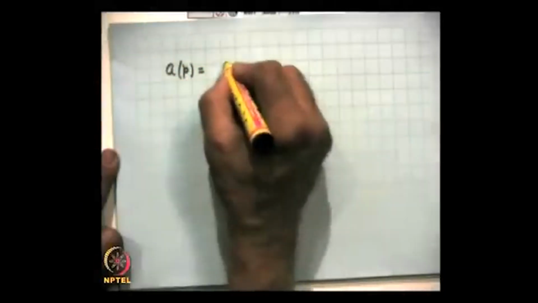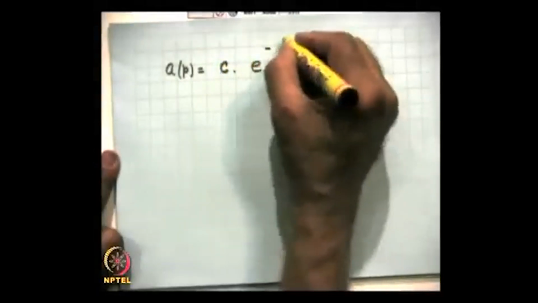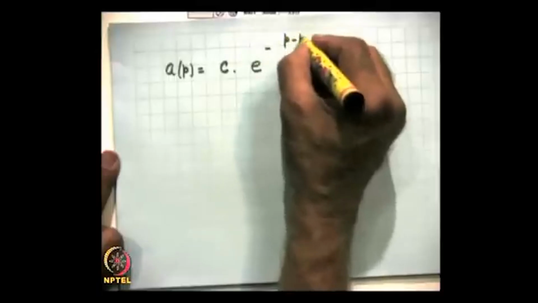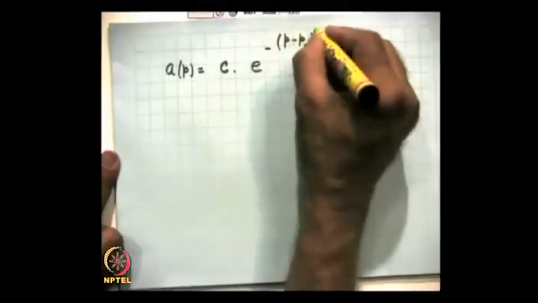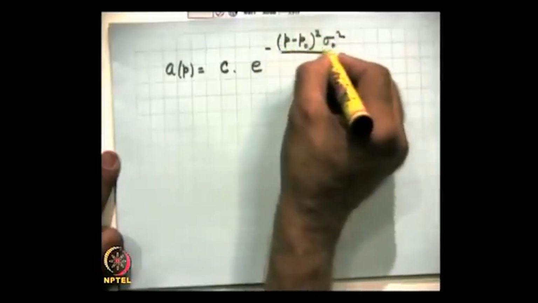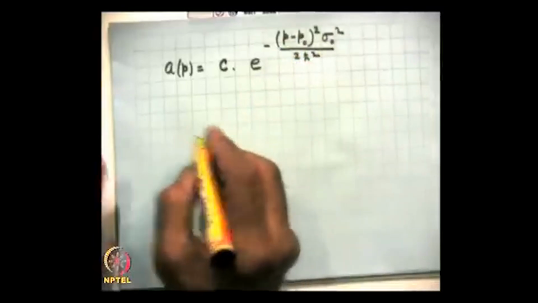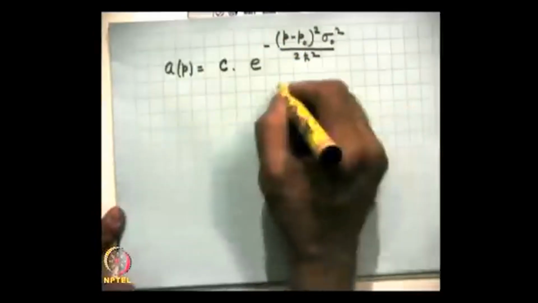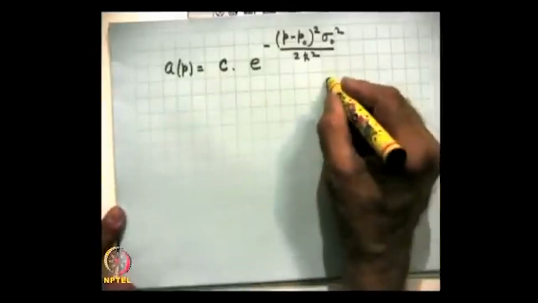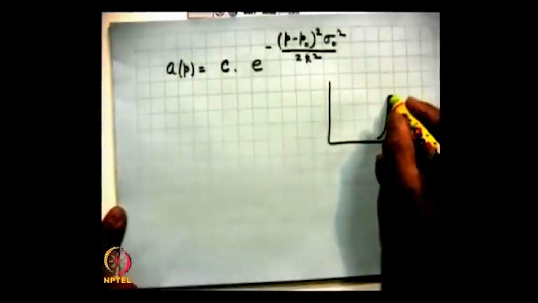A of p, I will leave aside some constant, let us suppose this constant c, will come out to be e to the power of minus p minus p naught whole square sigma naught square by 2 h cross square. And if you plot mod A of p square, it will be a Gaussian with its peak at p naught, shifted.